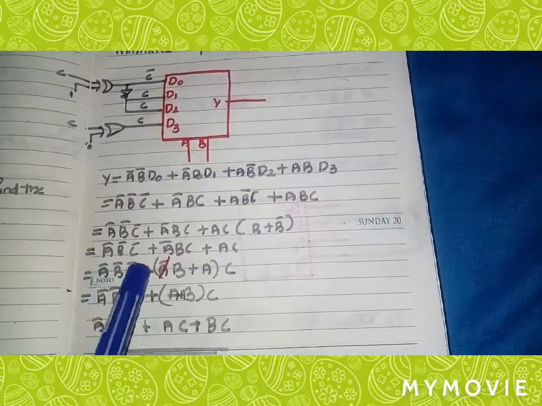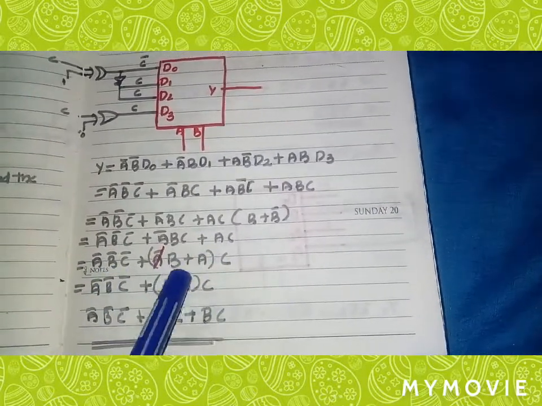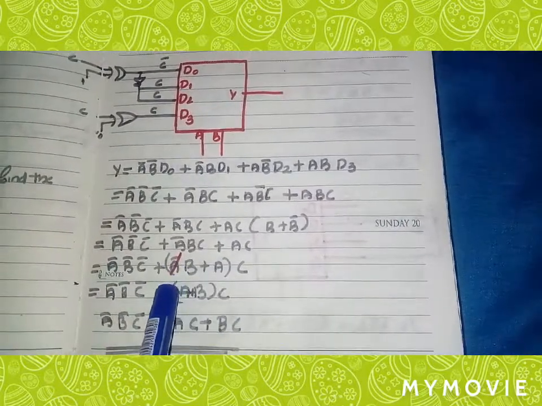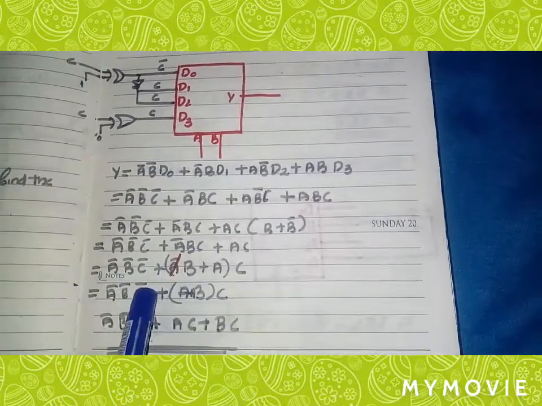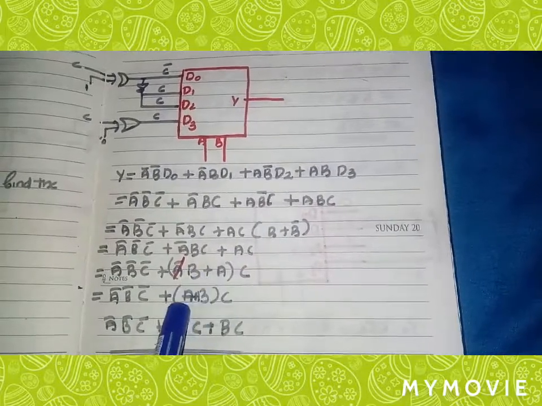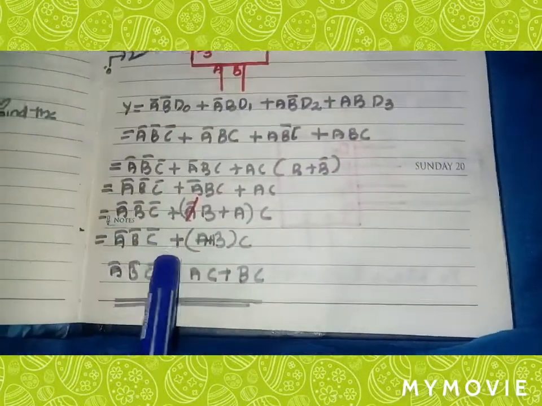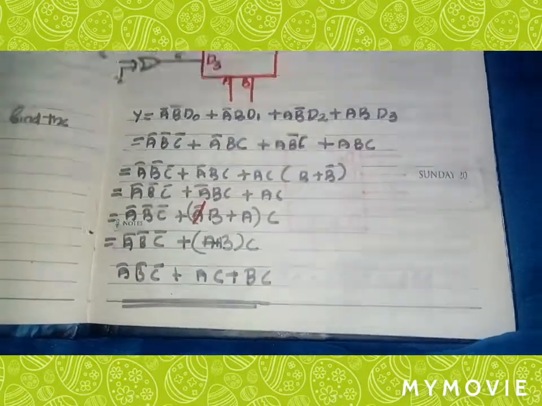So A bar B bar C bar plus A bar B C plus AC. Here we get a variable plus its complement group, so cancel the variable and take the sign outside. So it changes as A plus B into C. And we get the answer as A bar B bar C bar plus AC plus BC.